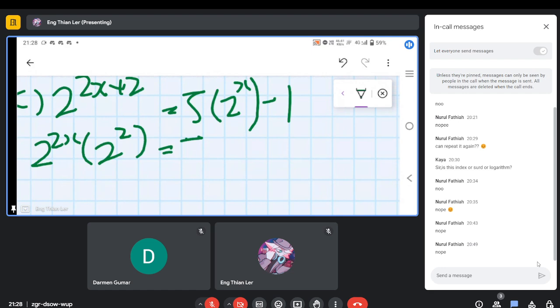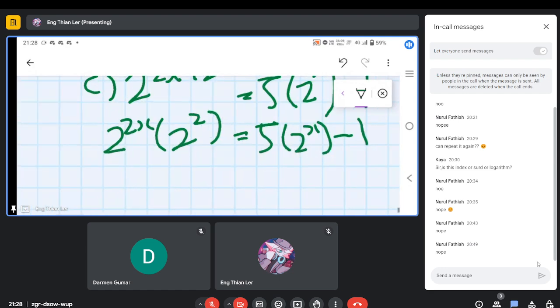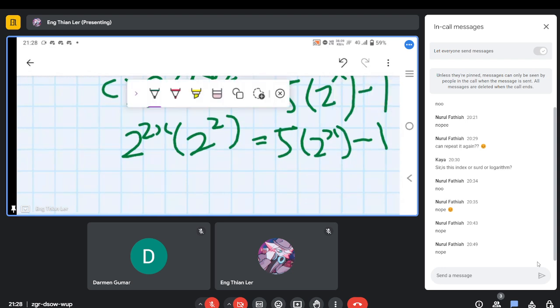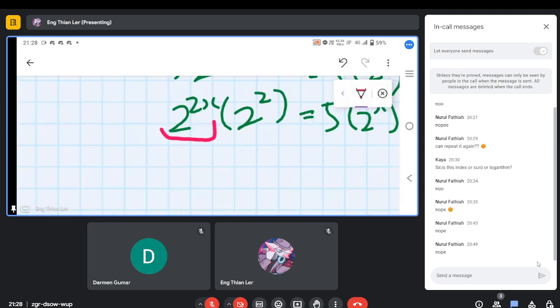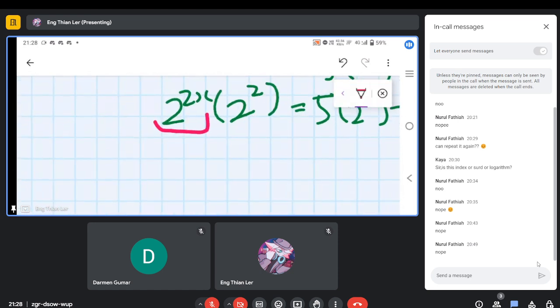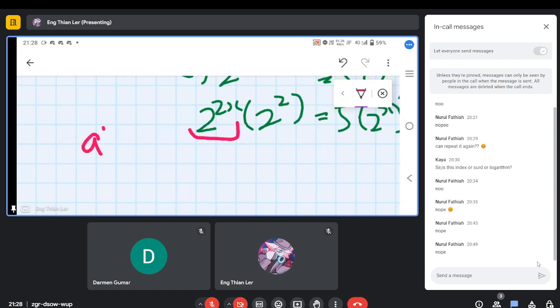And the right side will be just the same. Okay, so now look at this. 2 to the power of 2x. When we raise a to the power of something raised to something, this is equal to a to the power mn, right?